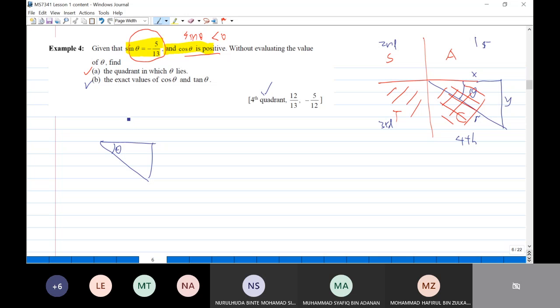You know that sine theta by definition is y over r. In this case it is minus 5 over 13. R is always positive, so this is minus 5 for y, and r is 13.